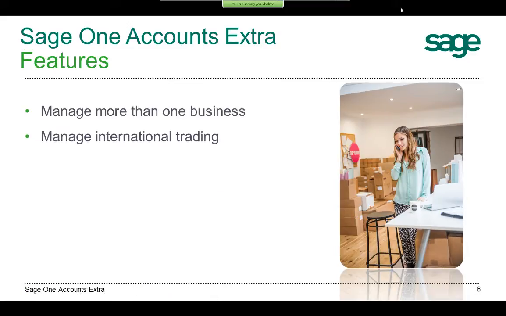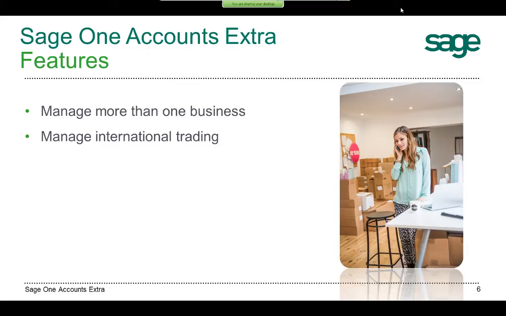It's easy to manage international trading. Sage 1 Accounts Extra makes it really easy to keep track of foreign sales, purchases and VAT. You can produce invoices in foreign currencies or enter invoices received from foreign suppliers, and exchange rates and gains and losses are automatically calculated.